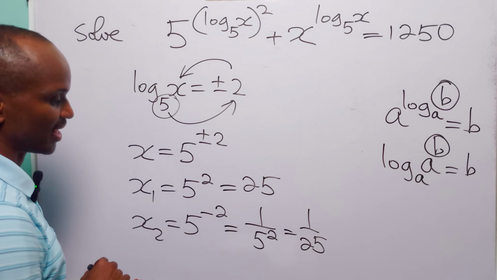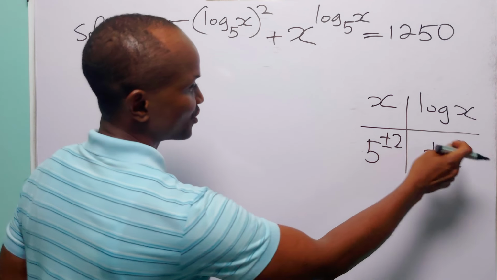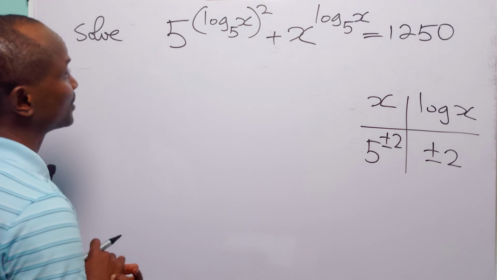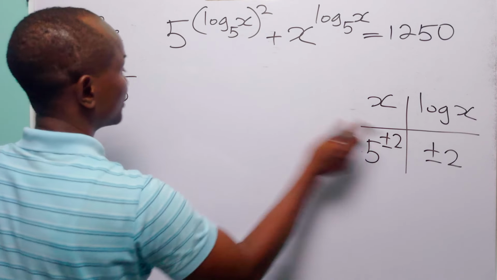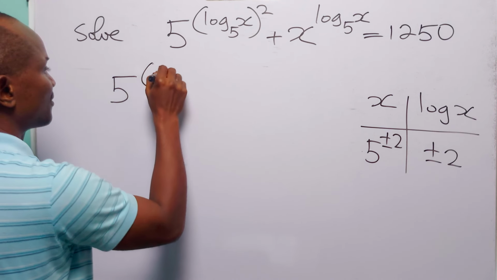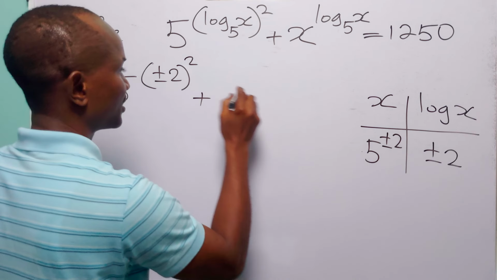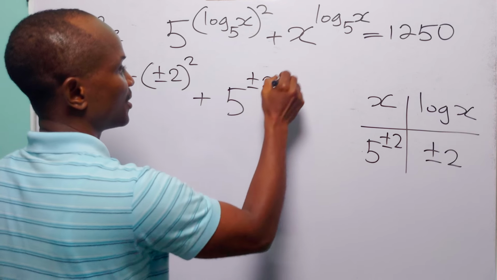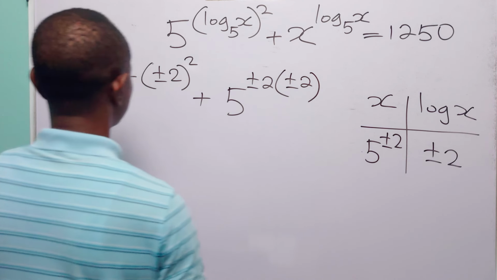Now, to check our result, let us substitute these values of x and log x into the left-hand side of the original equation. Here we have 5 to the power plus or minus 2 squared plus 5 to the power plus or minus 2 multiplied by plus or minus 2.